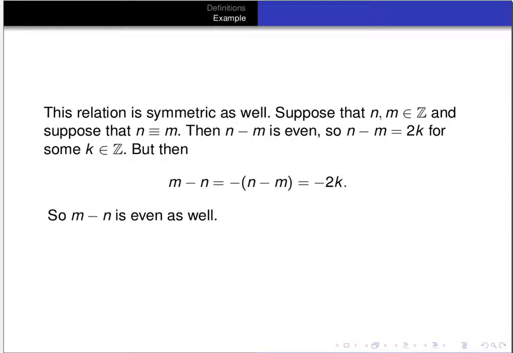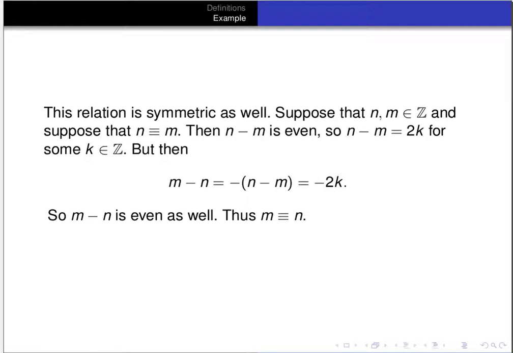And so m minus n is even as well. It's 2 times -k, and so that makes it an even number. And since m minus n is even, that means that m is related to n. So we've just proved that if n is related to m, then m is related to n. So that proves that this relation is symmetric.